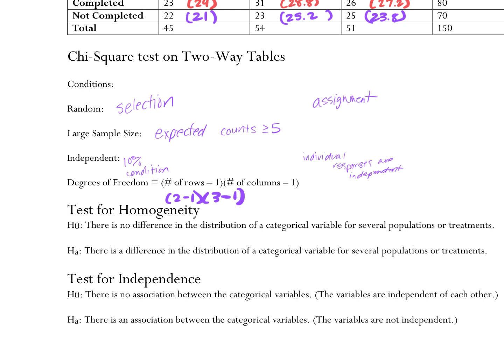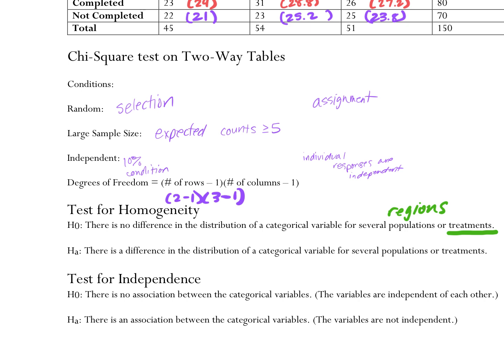Homogeneity is multiple samples from multiple populations or treatment groups. So if there are treatments, it's immediately homogeneity. If it's coming from an experiment, immediately homogeneity. The other thing that tends to be definite homogeneity is taking samples from different populations or from different regions.